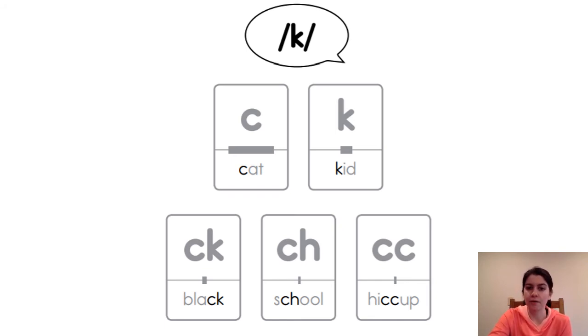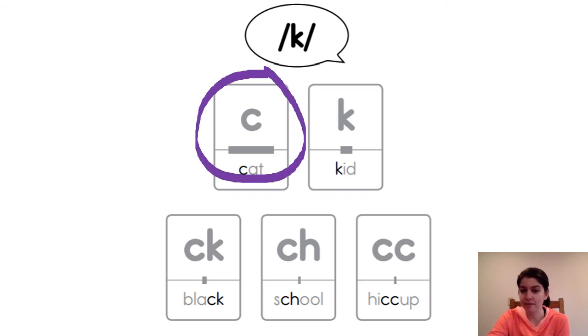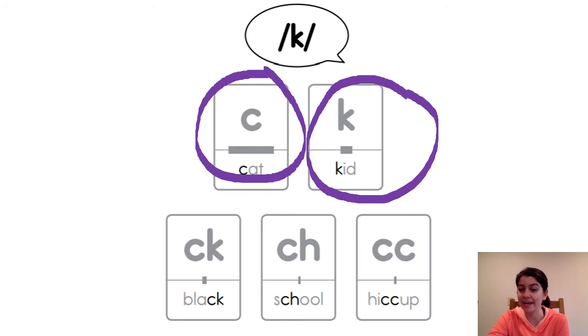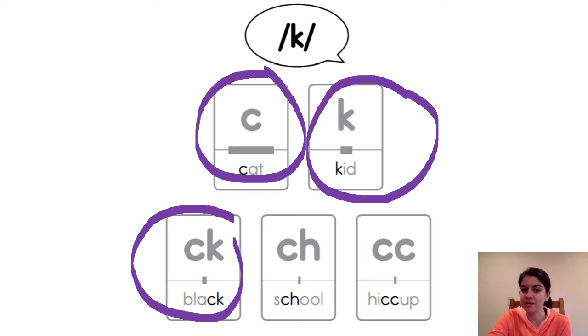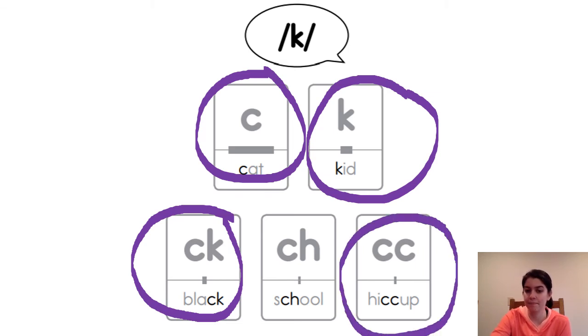We already learned that C says k, like in the word cat. We know that K says k, like in the word kid. We know that CK says k, like in the word black. And we know that double C says k, like in the word hiccup.